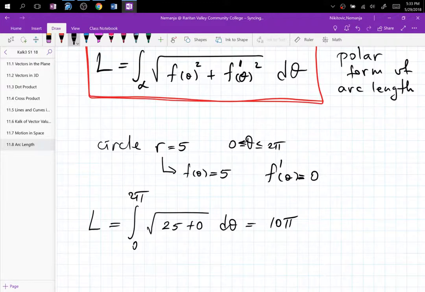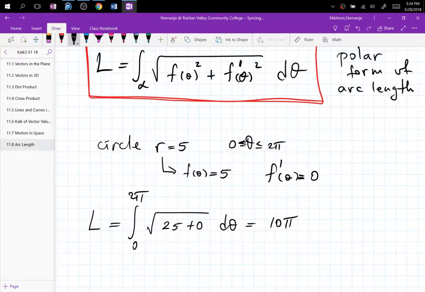But again, this is not only to compute, to prove the circumference of the circle. You can compute lengths of many polar curves. They did work on the spiral, as I can see. R equals theta.